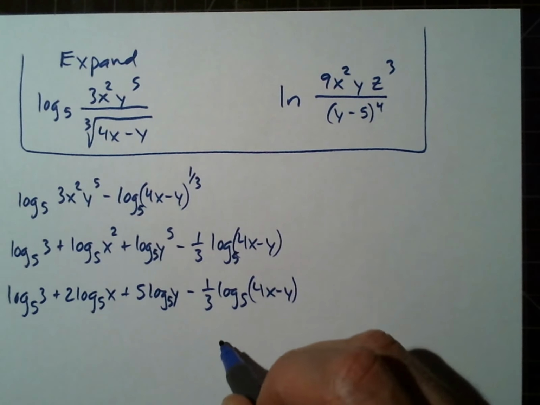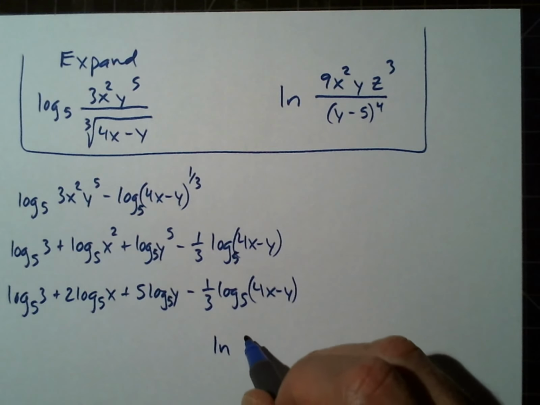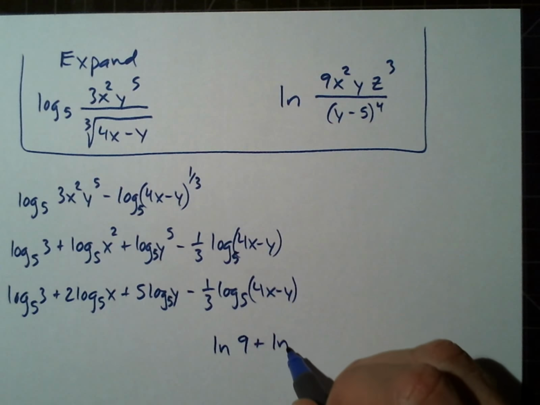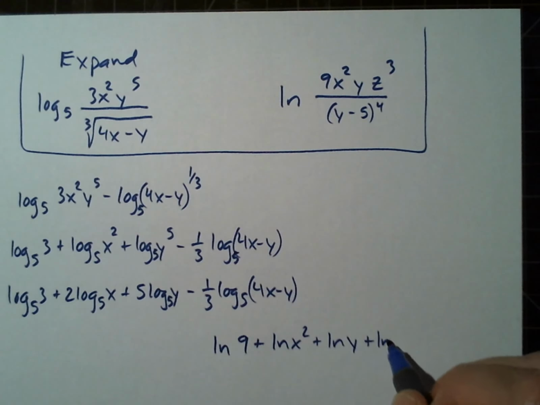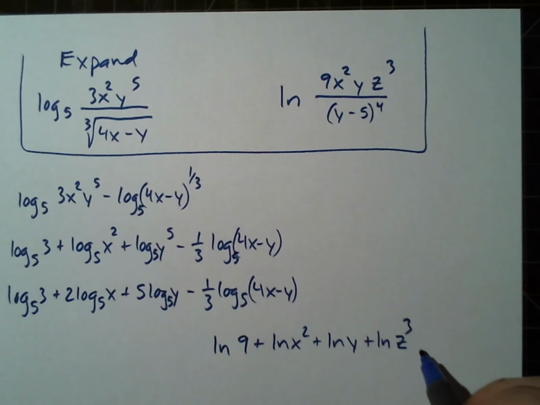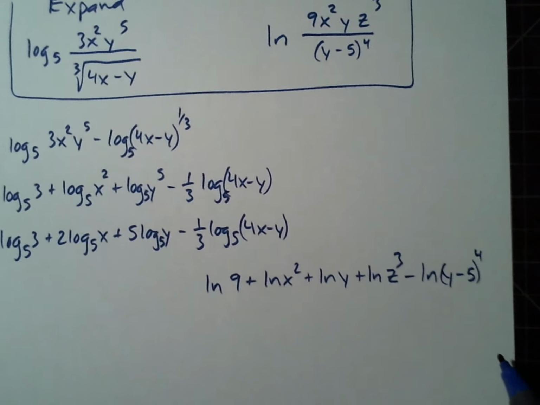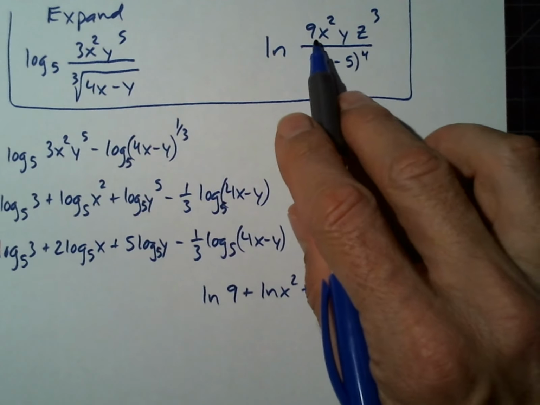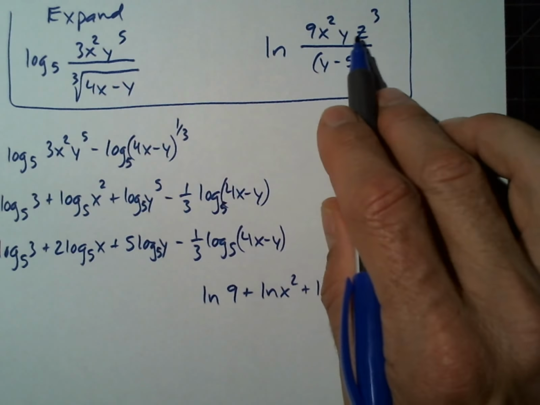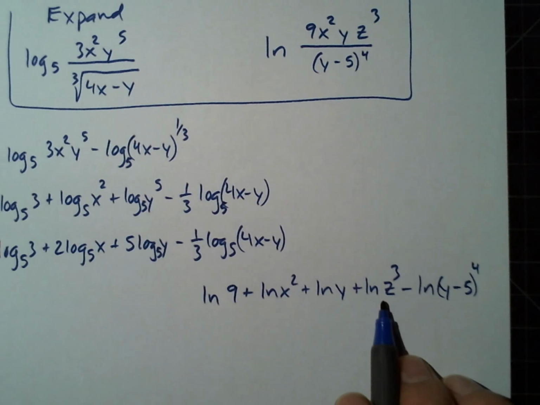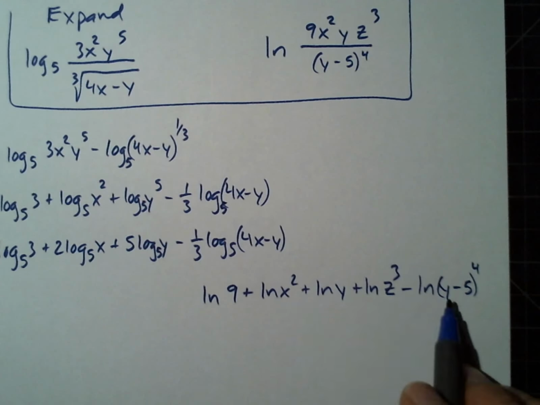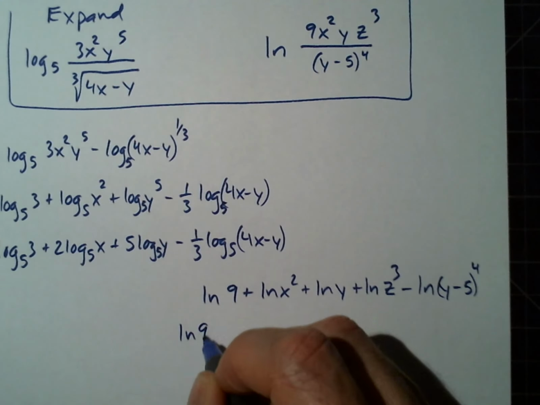And then the other one will be natural log 9 plus natural log x squared plus natural log y plus natural log z cubed minus natural log of y minus 5 to the 4th. So we have the product, 4 factors on top. Each factor breaks into a term added together, and then we can just put those exponents as coefficients.